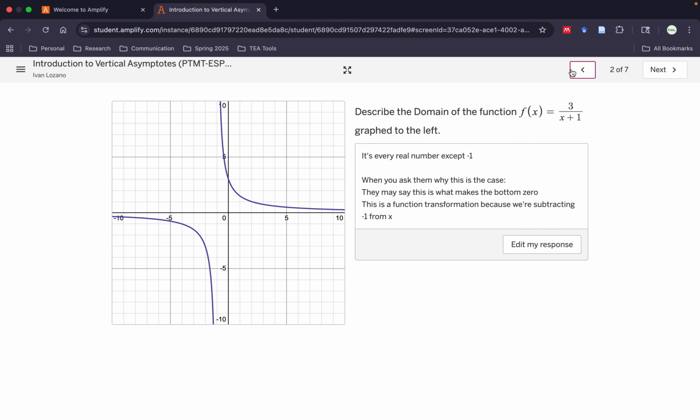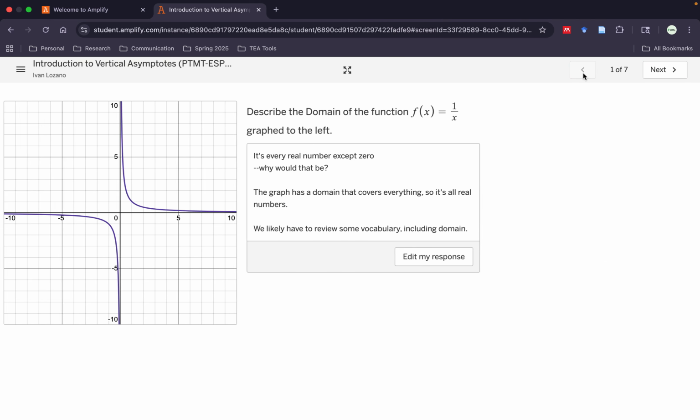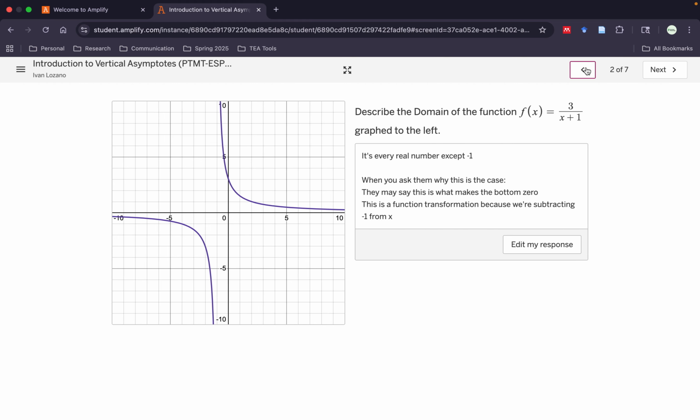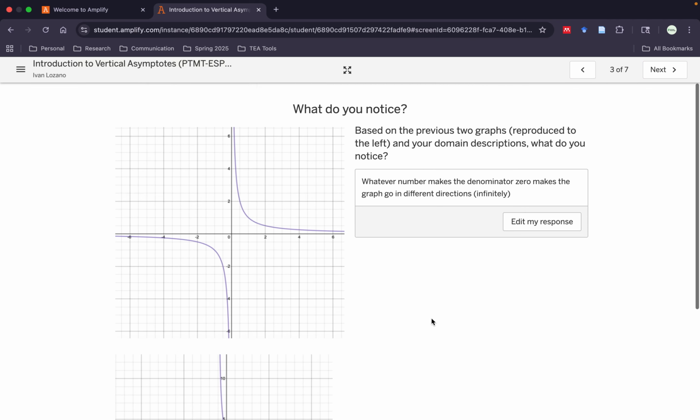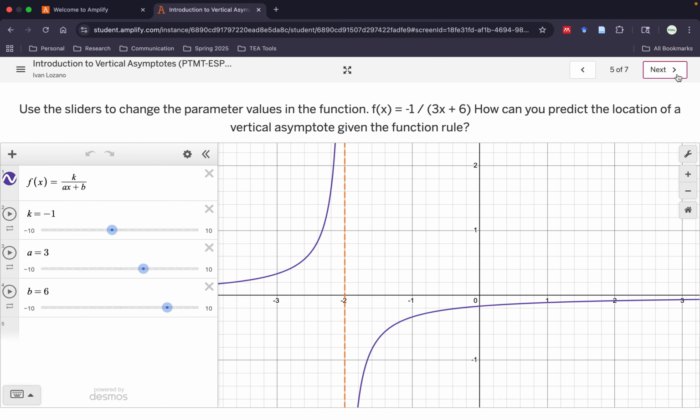I guess I should have talked about technology, how they react with technology. I feel like they'll be comfortable with Desmos. Type in your response. Probably review domain. Oh, two of them. Yeah, type in your response. Compare the two. Read the instructions.